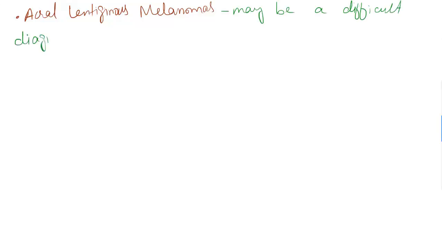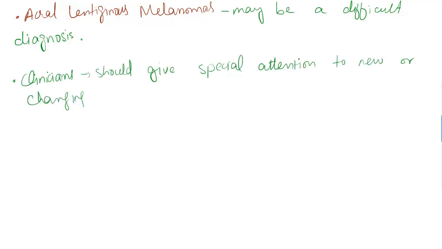Acral lentiginous melanoma may be a difficult diagnosis because benign pigmented lesions of the hand, feet, and nail occur commonly in more darkly pigmented persons, and clinicians may hesitate to biopsy the palms, soles, and nails. Clinicians should give special attention to new or changing lesions in these areas.